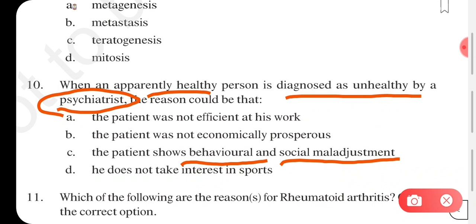It has nothing to do with the working capacity of the person. Yes, indirectly it may affect, or the patient was not economically prosperous. This cannot be the answer at all.